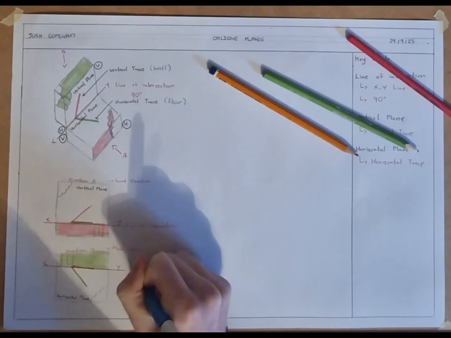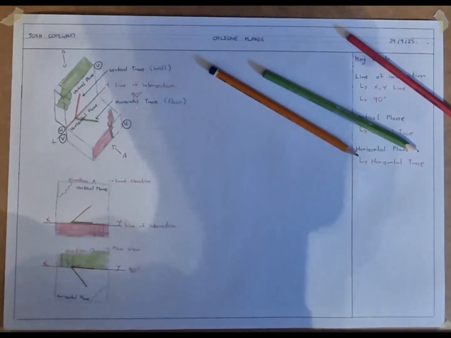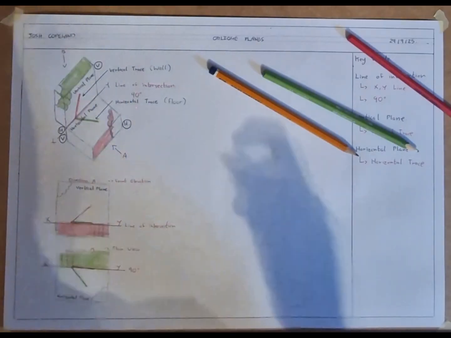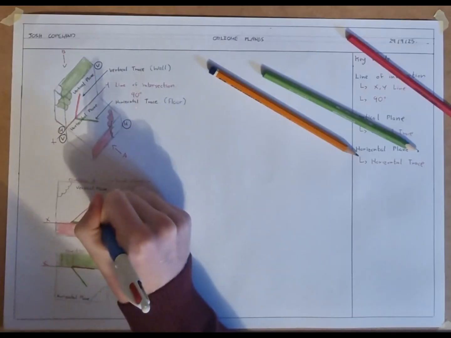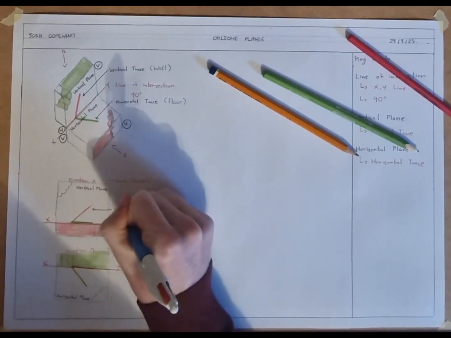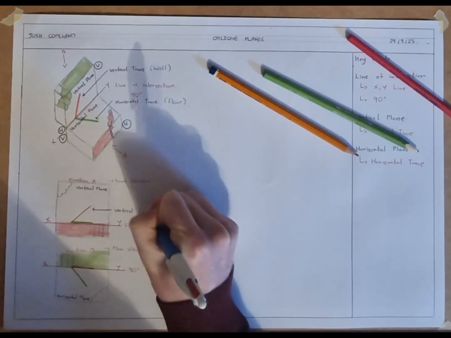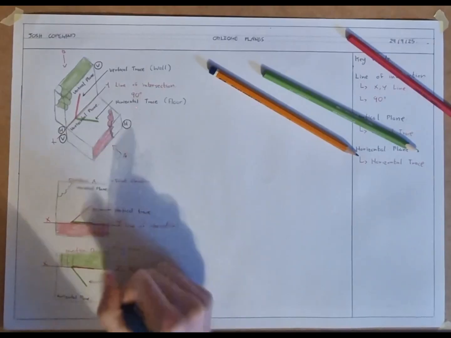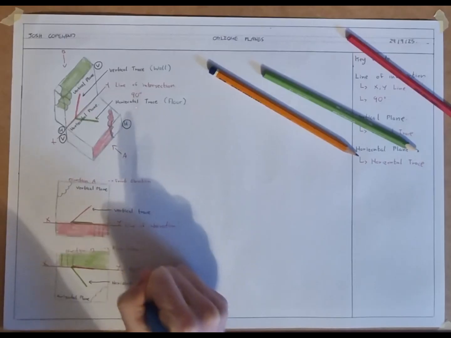And we also know that it is 90 degrees. So, we know here, this is our vertical trace. And this here is our horizontal trace.